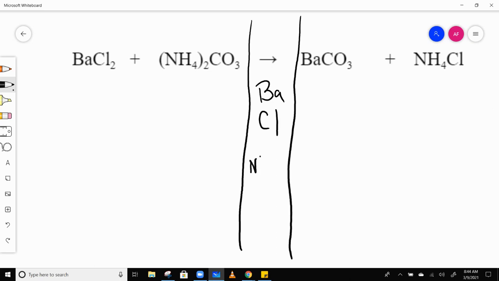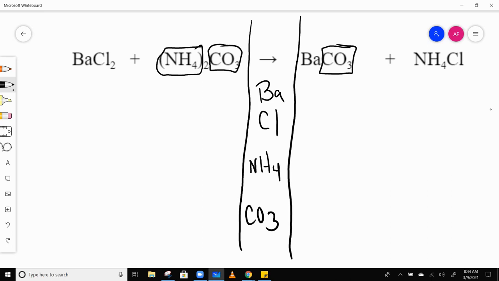We can group NH4 and CO3 together because CO3 stays together here and here, and NH4 stays together here and here. Okay, so try to balance that. Take a second, see if you can balance that real quick.